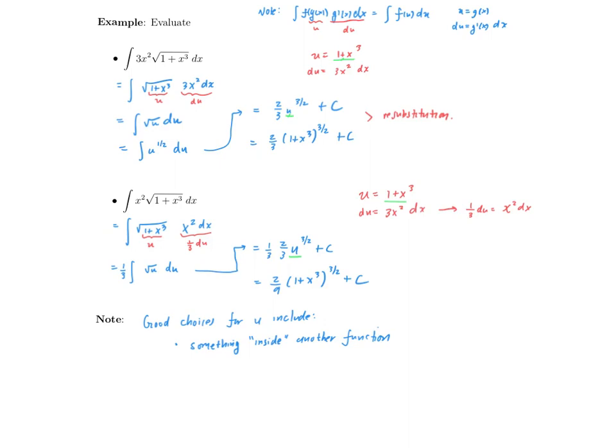And the second observation I want to make related to a good choice of u is you want to look for a function derivative pair. And what I mean by that is you have 1 plus x cubed, a function, and outside of that square root, you get its derivative. So a function derivative pair. Up to a constant, x squared is the derivative of 1 plus x cubed. So look for a function derivative pair.